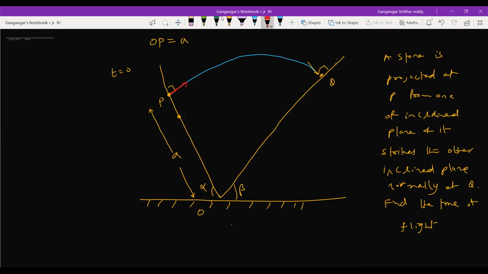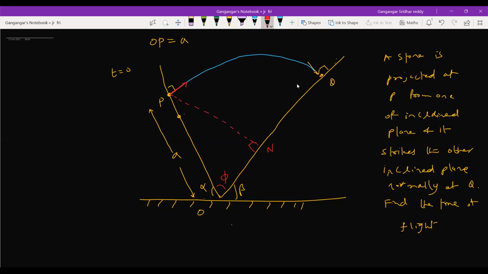Let this be the point P, Q. Let me take this as N. Let me draw one line PN, which will be normal to the other incline.